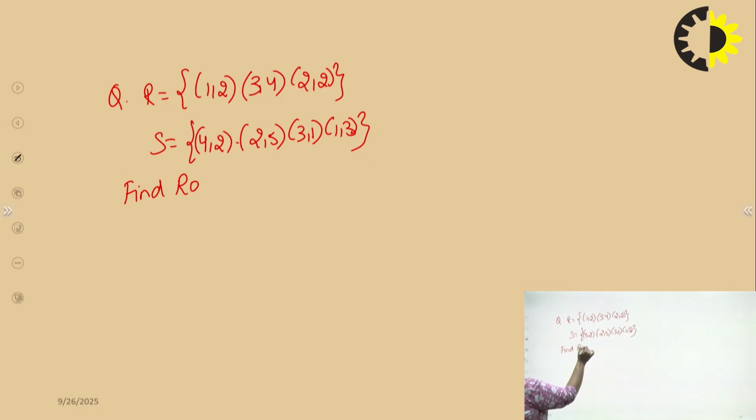Like we have to calculate RoS, RoR. So how will we calculate RoS, and suppose we have to find SoR also. So how will we be calculating it? First we will find RoS. So these two relations are given. So how will RoS be calculated?